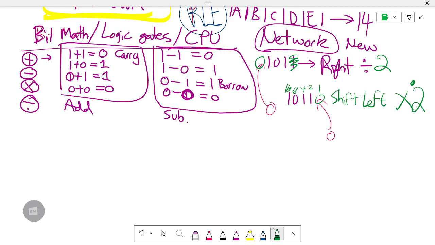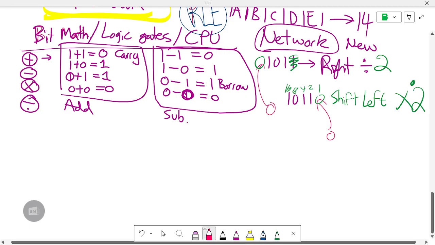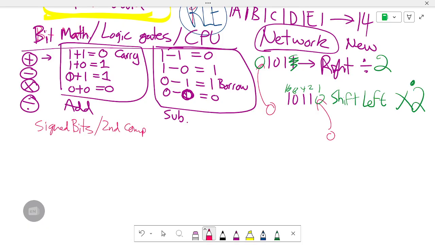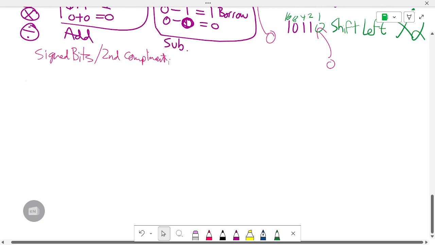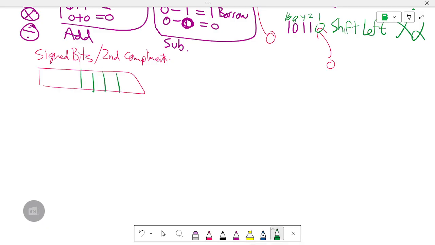That's the binary math. Now, we have sign bits and two's complement. I'm just going to show you the math. If I have 8 bits, this is called the sign bit, and that means it's negative 128.